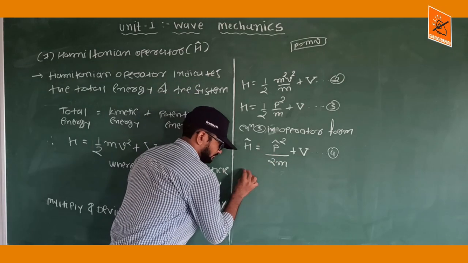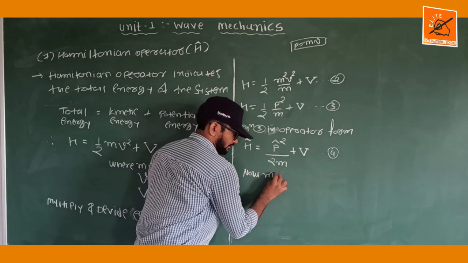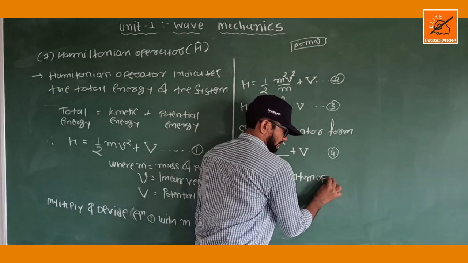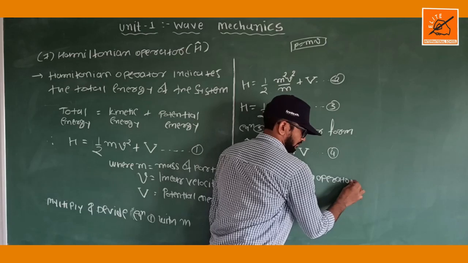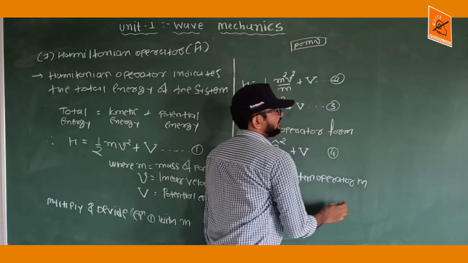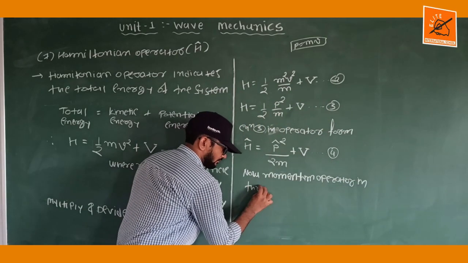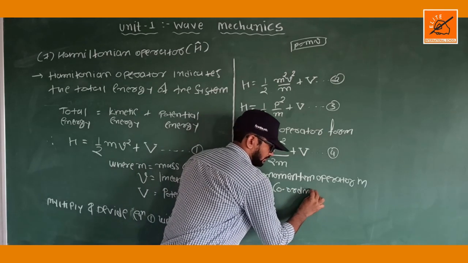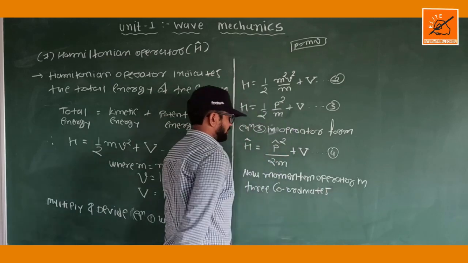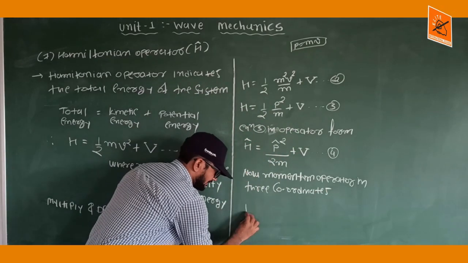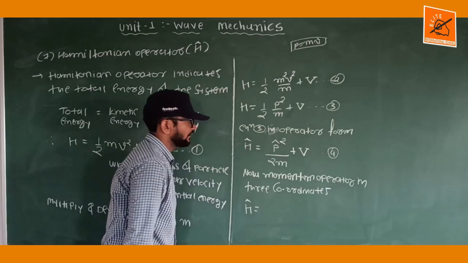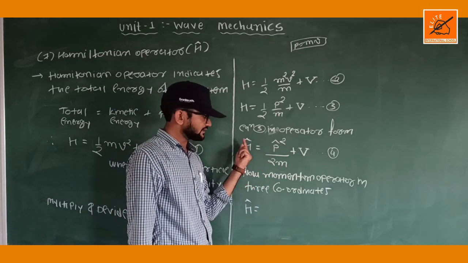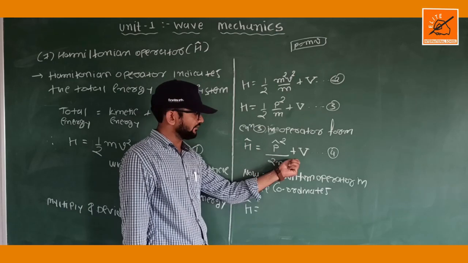Therefore, H cap is equal to, where the value of p square has first the x coordinate, second the y coordinate, and third the z coordinate.